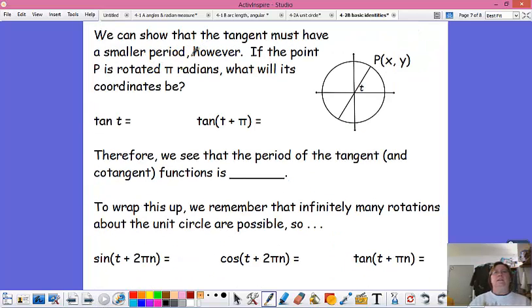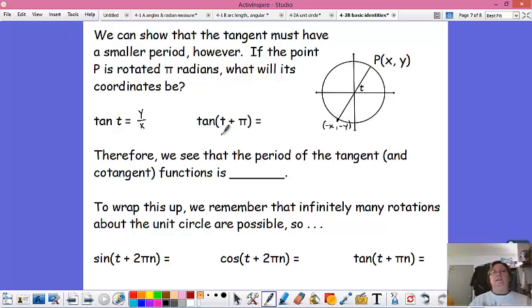You can show that the tangent has to have a smaller period than 2 pi. If you rotate the point P pi radians, what's going to happen? The value of the x in absolute value is the same, but it's the opposite sign. Same thing for y. So this is the point negative x, negative y. And the tangent of t is its y over its x.